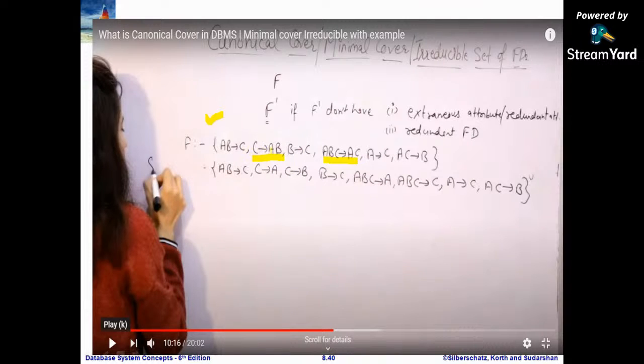So C tends to AB will be decomposed into C tends to A and C tends to B, and ABC tends to AC will be decomposed into ABC tends to A and ABC tends to C. The rest of the functional dependencies you take as they are: B tends to C, A tends to C, AC tends to B. After this step, on the right hand side you will always get a single attribute.